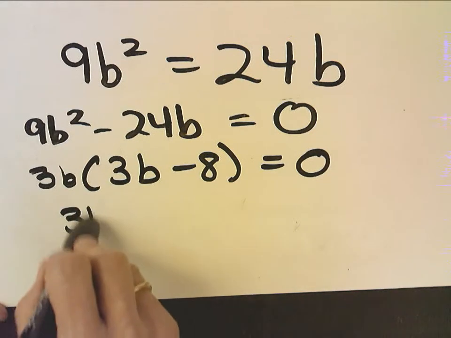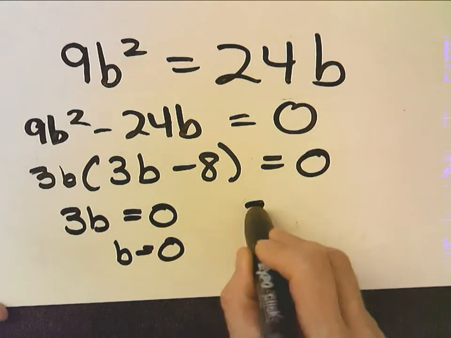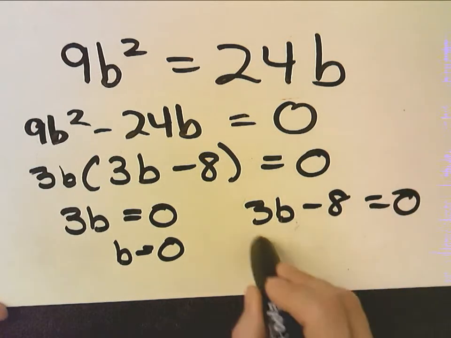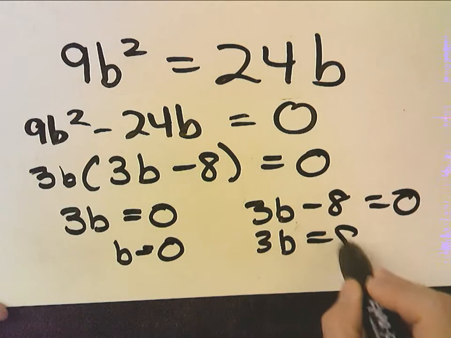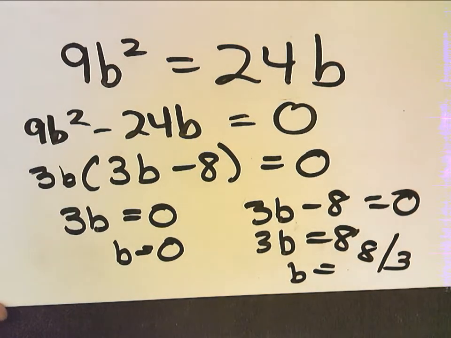So that means either 3b equals 0 or b equals 0, or 3b minus 8 equals 0, 3b equals 8, and b equals 8/3. Sandy was right. If we divide by b, we might miss a solution, and we did. So b can either be 0 or b can be 8/3.